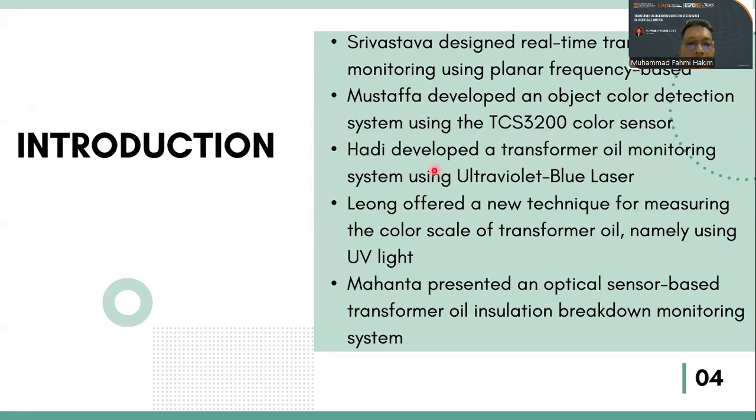Hadi et al. developed a transformer oil monitoring system using an ultraviolet blue laser. Leong et al. offered a new technique for measuring the color scale of transformer oil, namely using UV light, and Mahanta presented an optical sensor-based transformer oil insulation breakdown monitoring system.